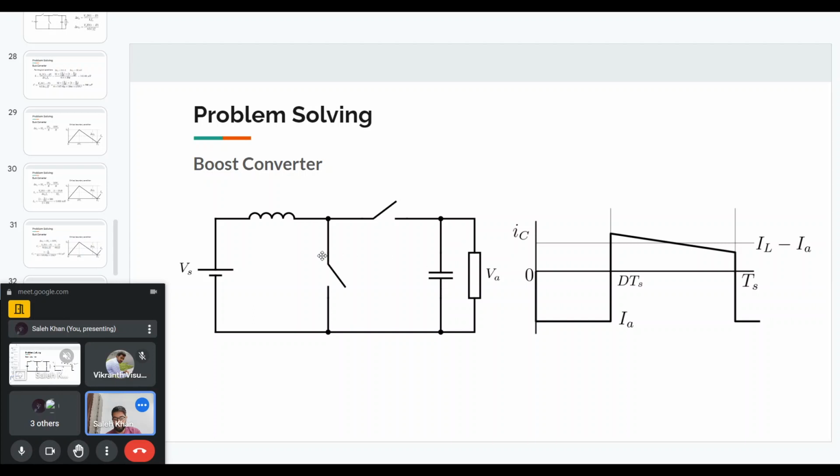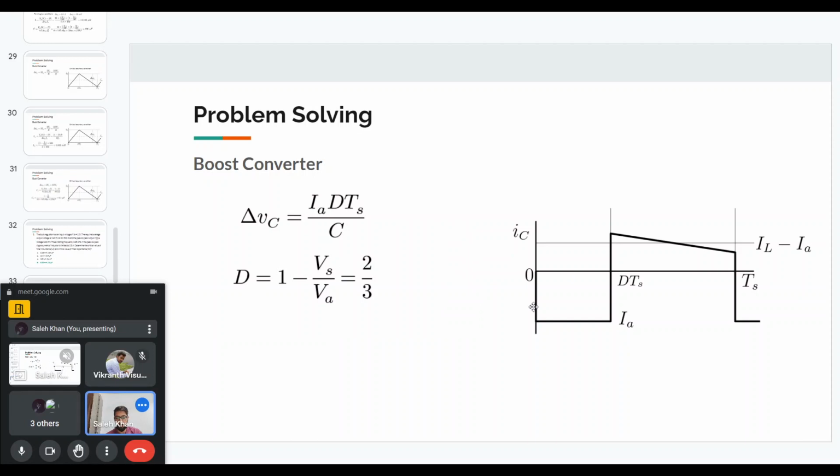And since in the boost converter, IL is always greater than the output current, this current will be positive. We will not use the charge balance, but if we want to know the peak to peak ripple, we have to use the current through the capacitor.